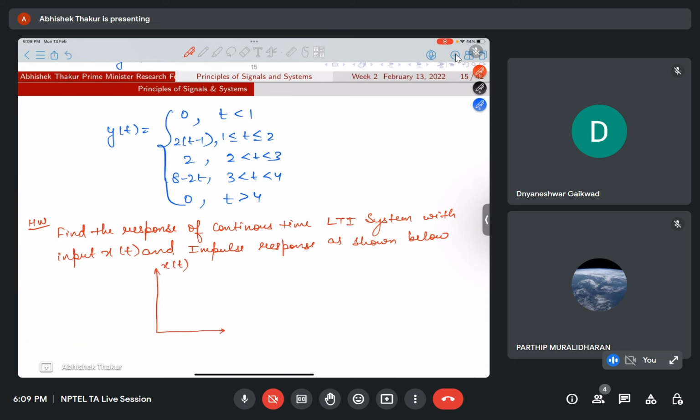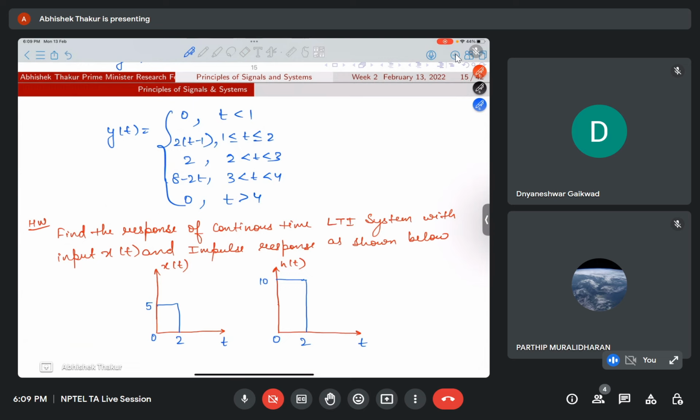So you can do it using the same method we have solved before. This is our xt. Xt is 5 for the value of t from 0 to 2, and ht is 10 for the value of t from 0 to 2.